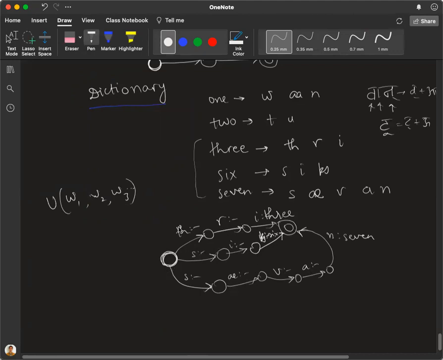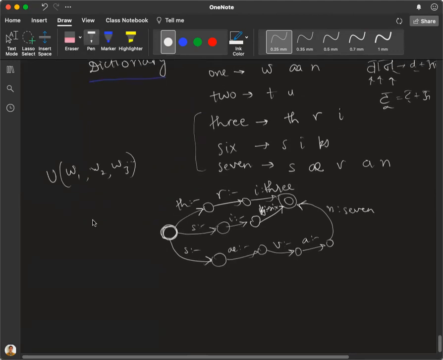For example, if only 3 words are possible in a row, then you say union of W1 and so on, followed by again a union of W1 and so on, and again followed by a union of W1. So this is your FST, which will output 3 words, or 3 digits.